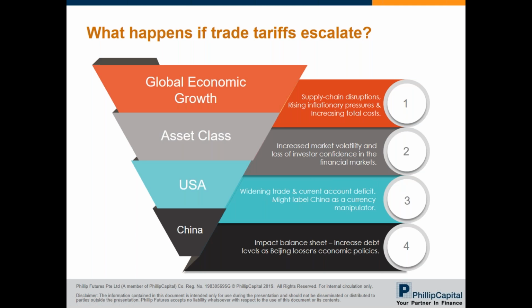The key point you want to note is that should the dollar renminbi, CNY, CNH, shoot past 7, this is a difficult point where we might see the US dropping another shoe, where they might label China as a currency manipulator. Lastly, this is going to impact China's balance sheet. It's going to increase debt levels if Beijing chooses to use looser economic policies to soften the blow from the US.